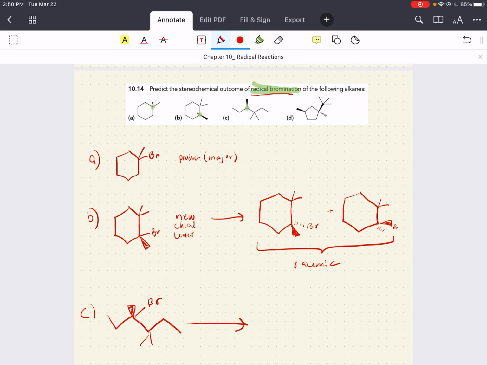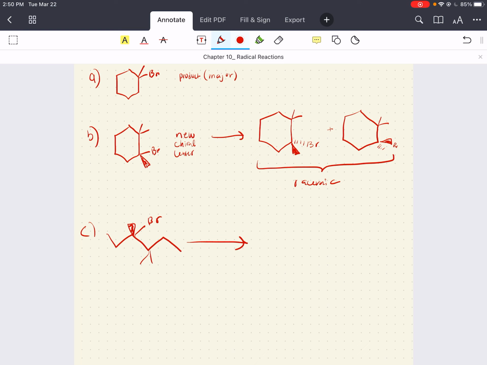All right, so we want to make sure we draw this appropriately because we're going to get a racemic mixture. That means our products are going to look like this, where our bromine's on a dash and our bromine is on a wedge. Like so. And these are our products. Racemic mixture.